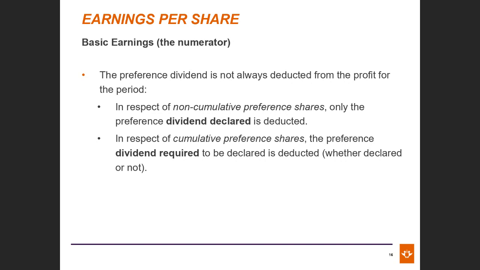Whereas if we have cumulative preference shares, if the dividend is not paid in the past, any arrear preference dividends will need to be paid. So if we have cumulative preference shares, the dividend will be deducted when calculating the basic earnings, whether they are declared or not, because we know they will be paid in the future.